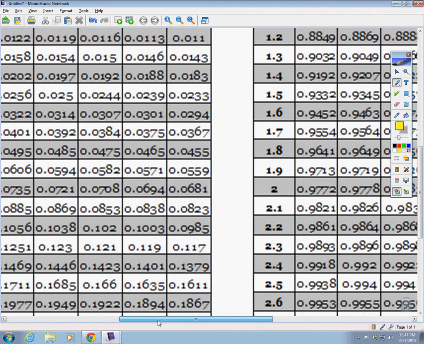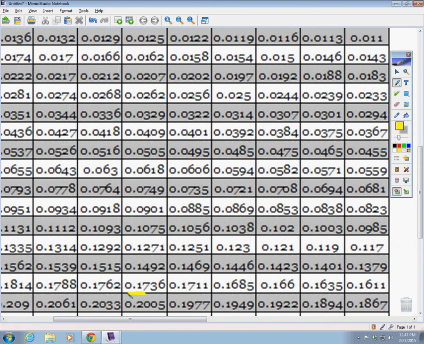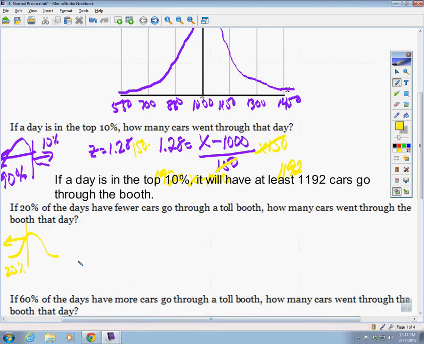And again, you'll notice it's not perfectly 0.20, but 0.2005 is the best one there. So that's negative 0.84. So again, negative 0.84 equals X minus 1,000 divided by 150. Same as before, multiply out the 150, add the 1,000, and we find out that X equals 874, okay?